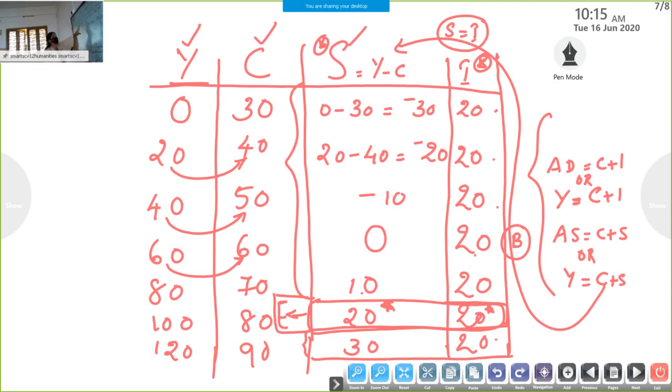If you have Y and C, you can find out the saving schedule. Then from there you can identify till where it is unstable and where there is stability. Okay. So this is very easy, the SI approach.